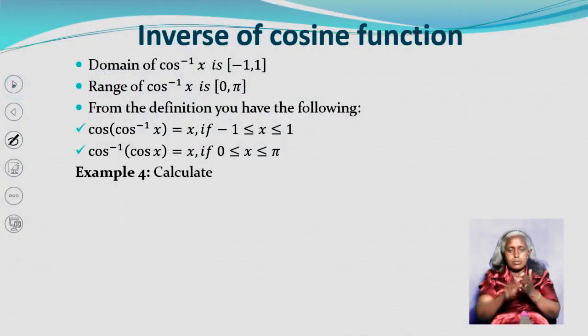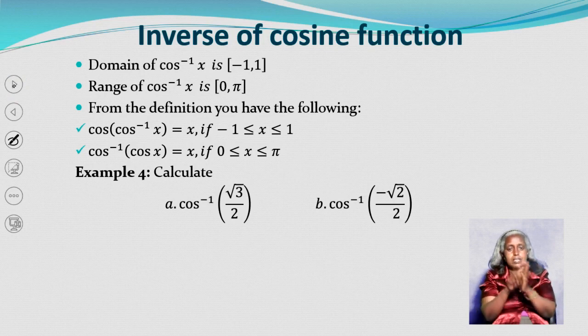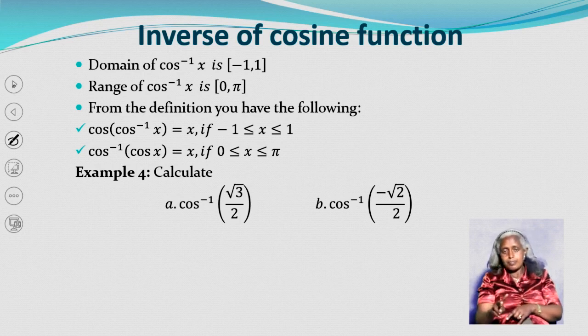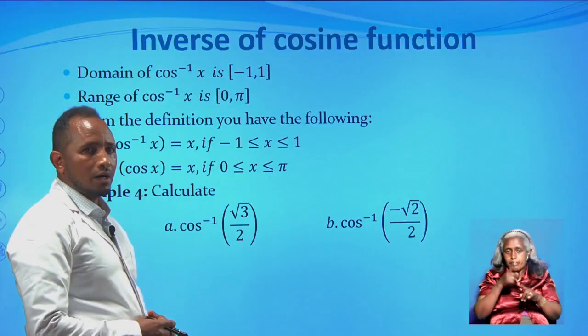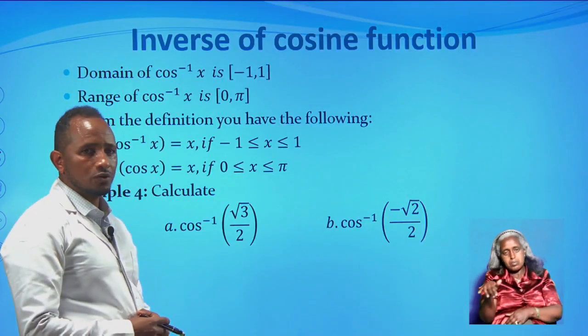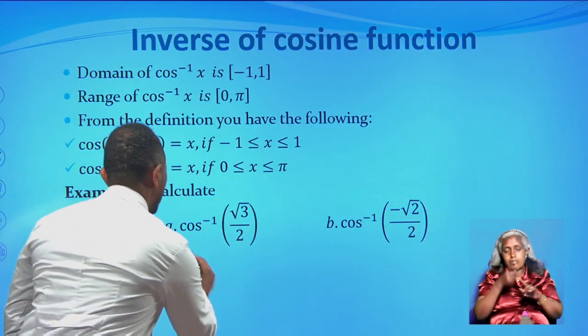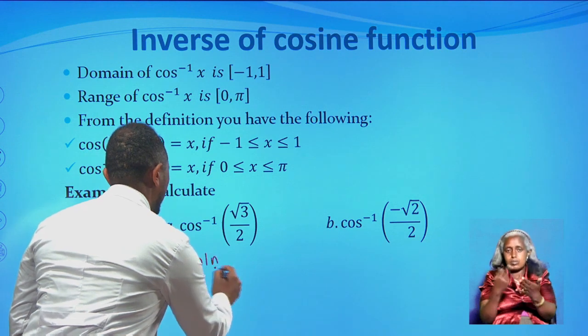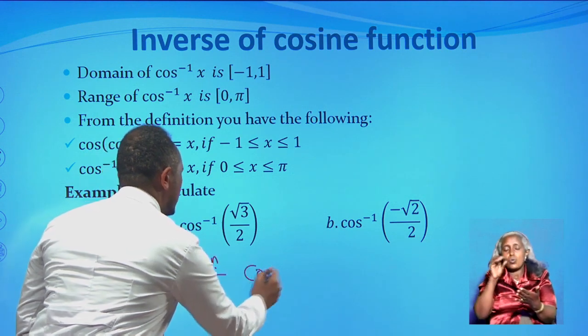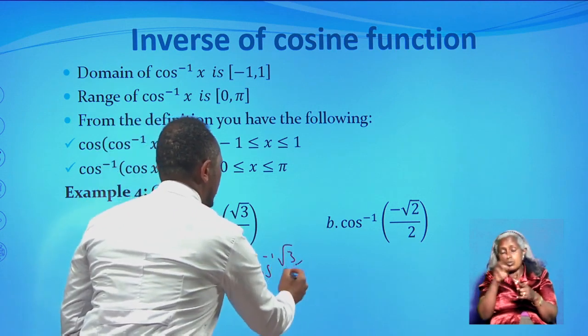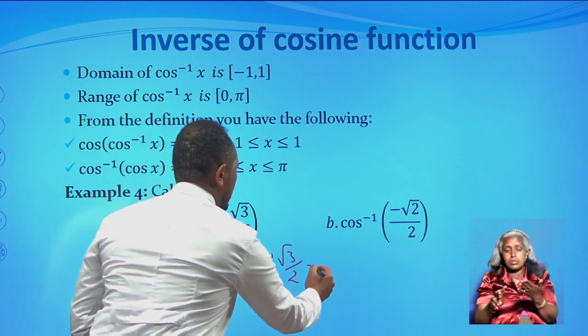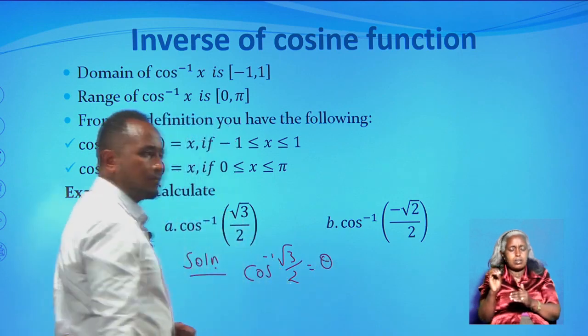So let's see an example here. We are asked to calculate cos inverse of root 3 over 2. We'll continue with the same procedure as we did for sine inverse. So the solution: cos inverse of root 3 over 2, assume this is equal to theta.